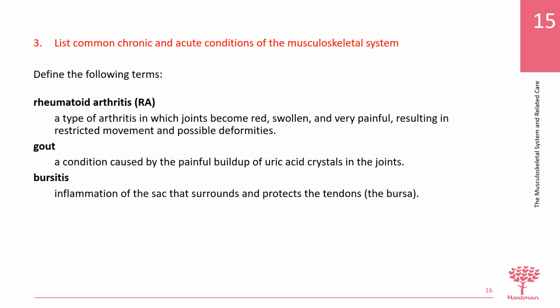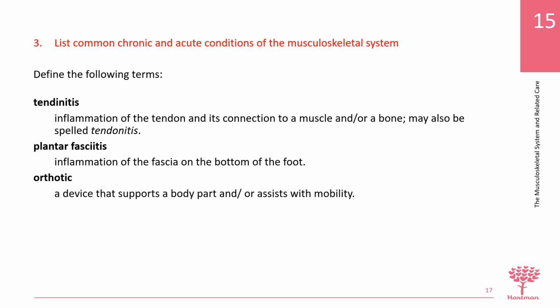Again, itis. Gout is a condition which is a buildup of uric acid in the joints, and bursitis is inflammation of the sac that surrounds and protects the tendons. We kind of mentioned that in the beginning. Tendonitis is inflammation of the tendon and its connection to the muscle and bone.